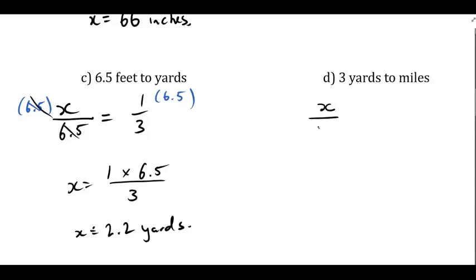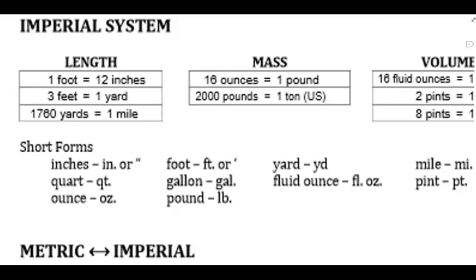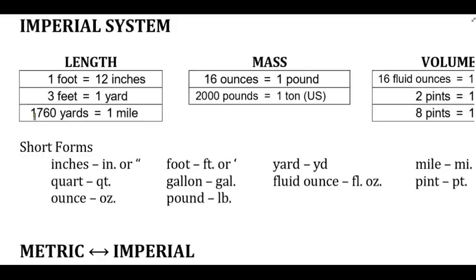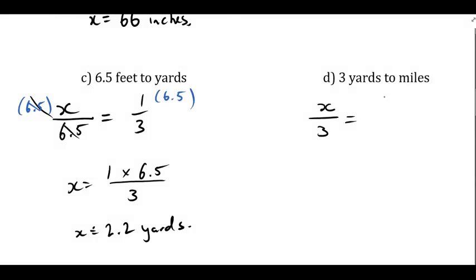How many miles is 3 yards? Miles is on top. Yards is on bottom. So I find the conversion factor on my sheet, and it is right there. 1 mile is 1,760 yards.